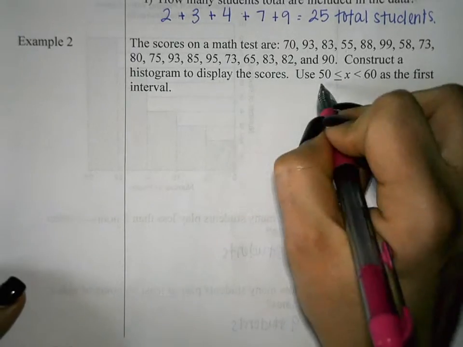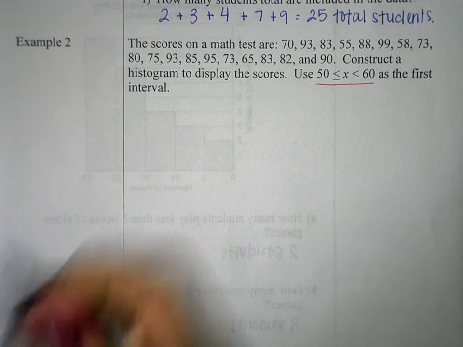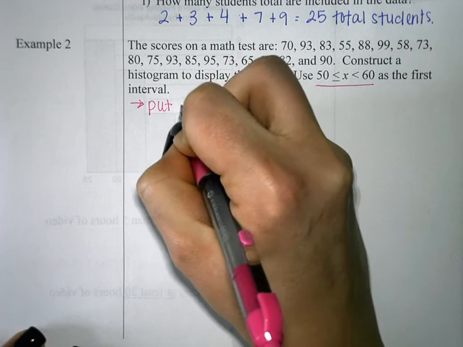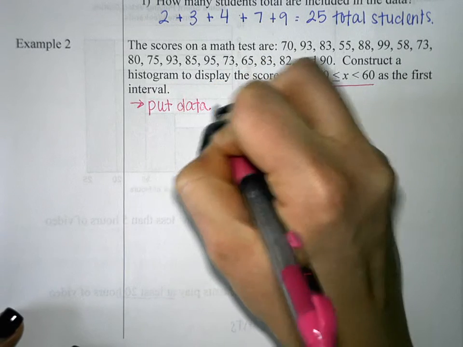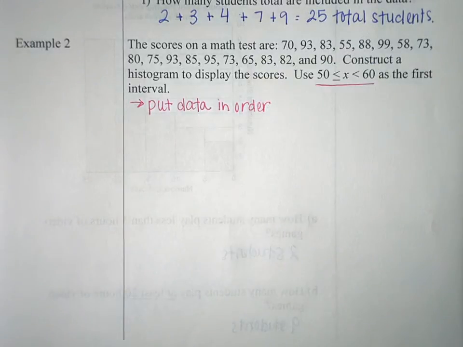And our first interval is going to be 50 less than or equal to x less than 60 as our first interval. So our first step is we want to put the data in order. So I'm going to have you pause the video and put all of this data in order.